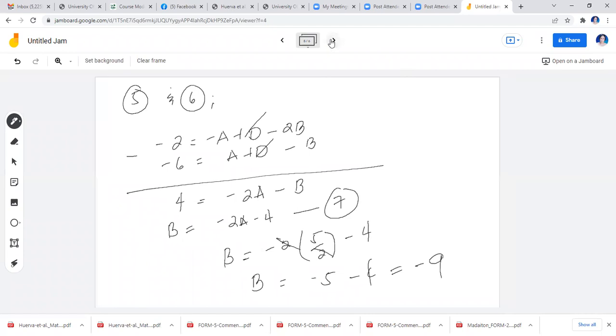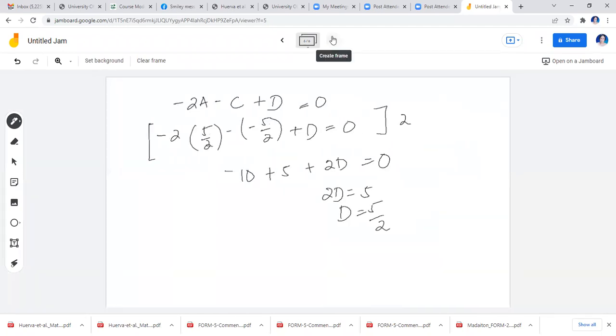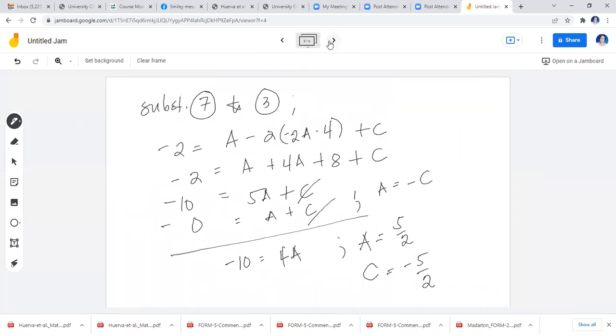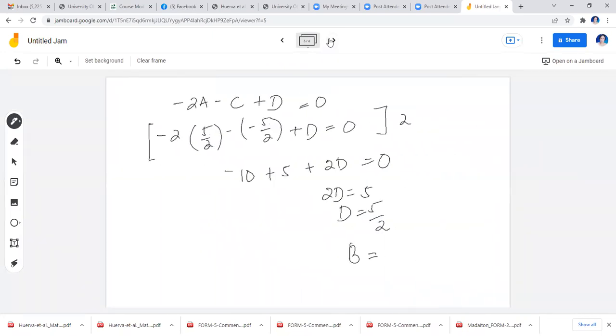Okay, so I'll place it here, negative 9. Is it negative 9? Correct, it's negative 9. So A is 5 halves, and C is negative 5 halves, and B is negative 9.